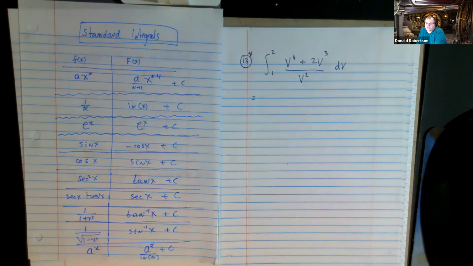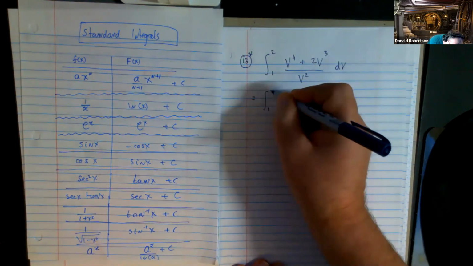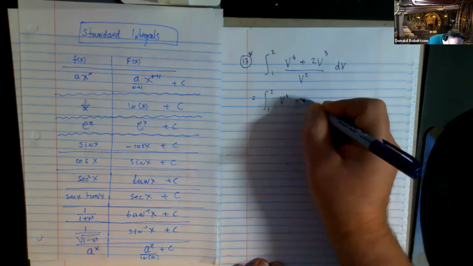Do you think this one is eventually going to be a power rule? Eventually. You agree? Can you see they have a kind of look to them that you know that's what you should be getting? Right now, it's no good. Right now, it's not written in the correct form. We did one earlier today, so let me just jump right into it.